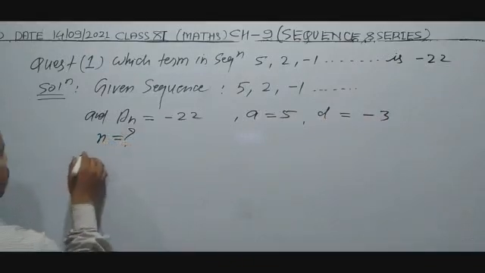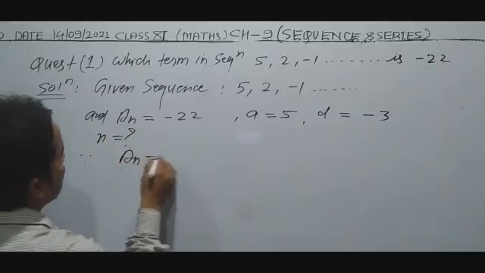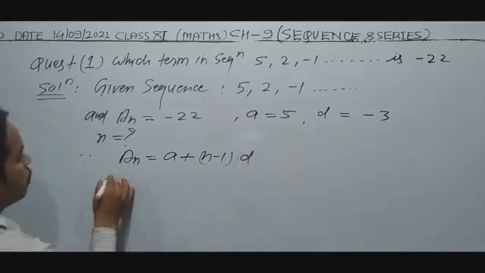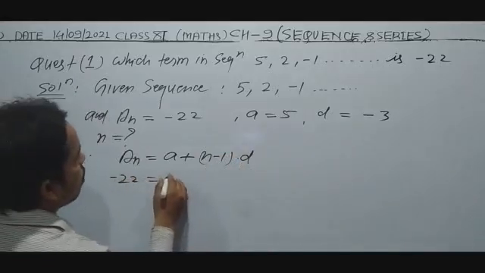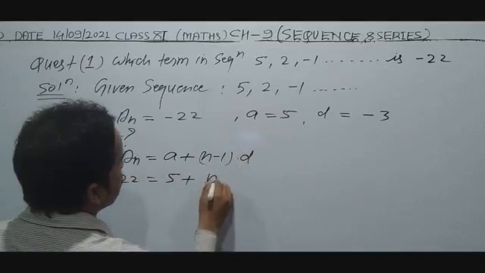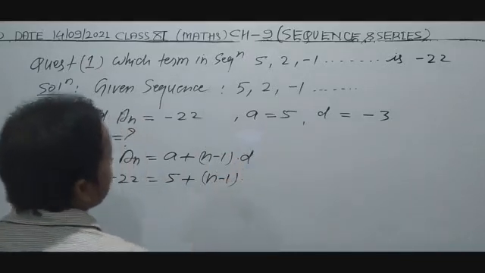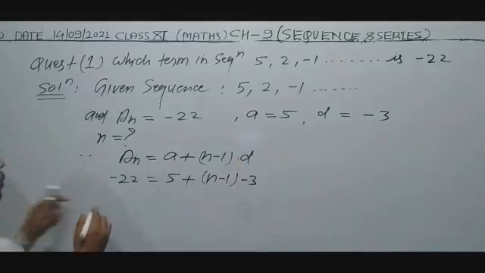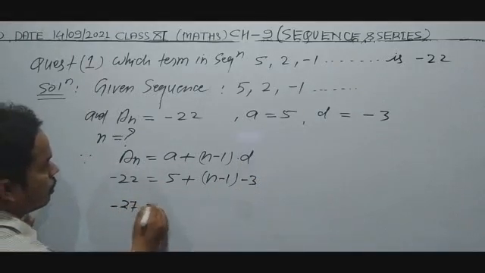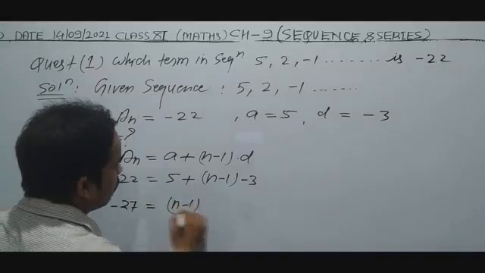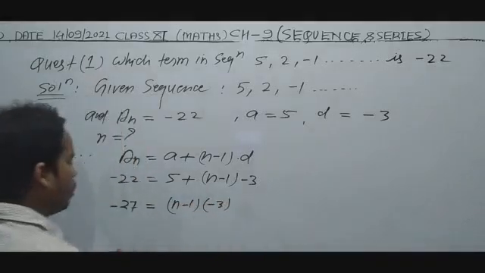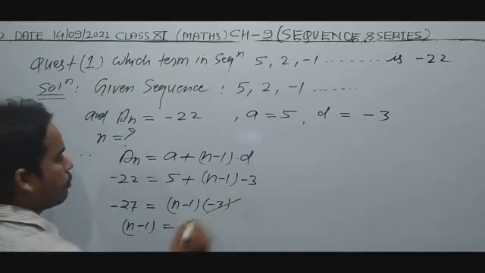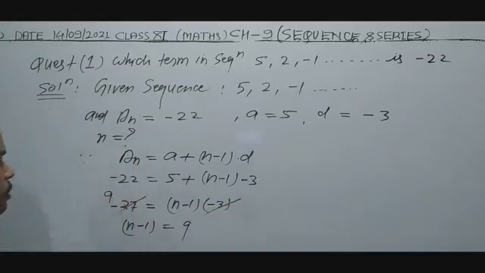Since An is equal to A plus n minus 1 into D, An is minus 22, A is 5, D is minus 3. Now this will be minus 27 is equal to n minus 1 into minus 3. Now n minus 1 will be equal to 9 because minus 3 nine times.